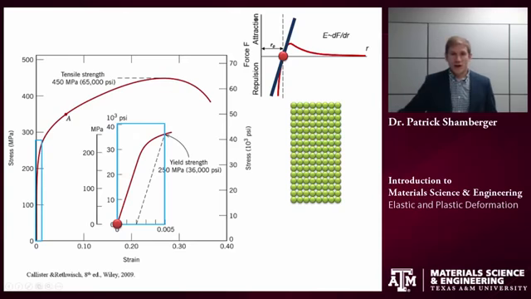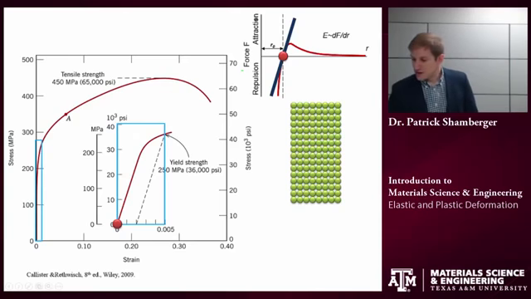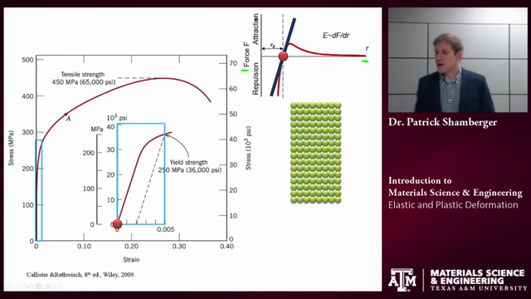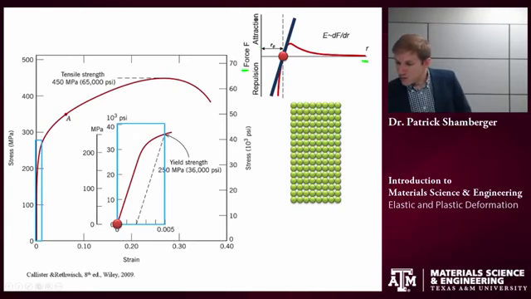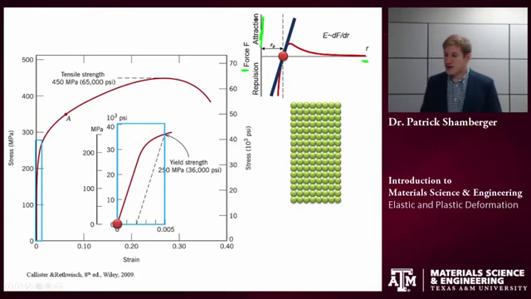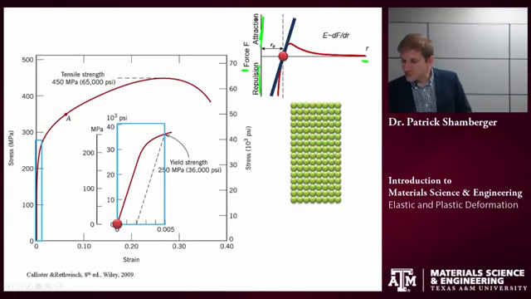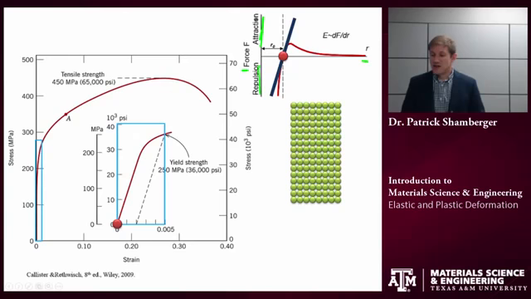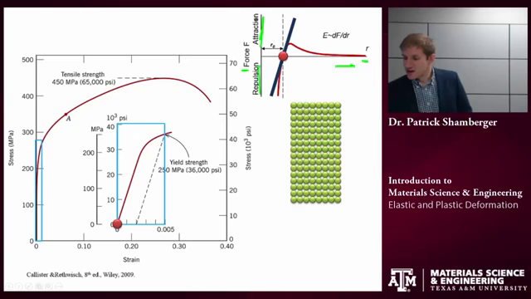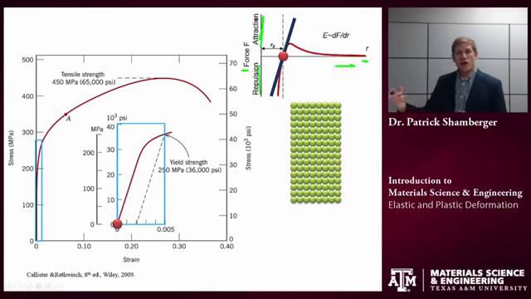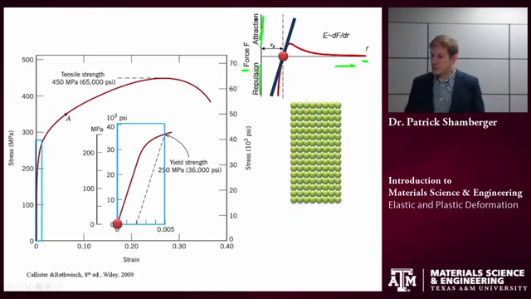Now, in the upper right corner, I'm showing the force versus interatomic distance curve. Attractive forces are on the top half of the curve. Repulsive forces are on the negative half. So if I stretch the material, I increase the interatomic distance. I'm going to larger R's. There's an attractive force that's wanting to bring that back to equilibrium.